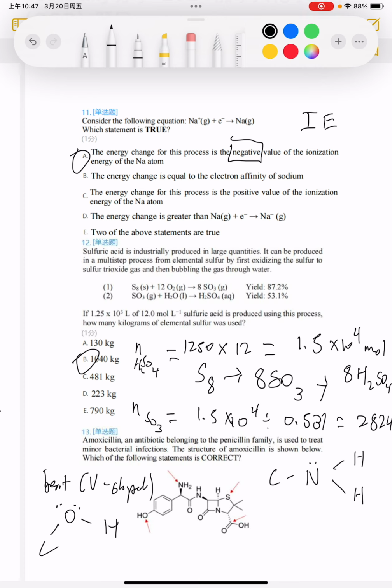So this would be a trigonal pyramidal structure. Then we move on to the sulfur. The sulfur is connected to 2 carbons and has 2 lone pairs. So this would also be bent.